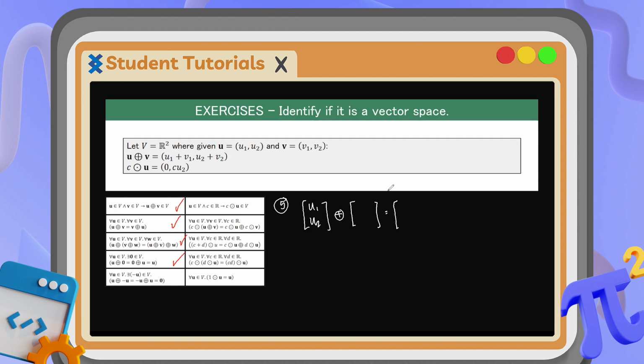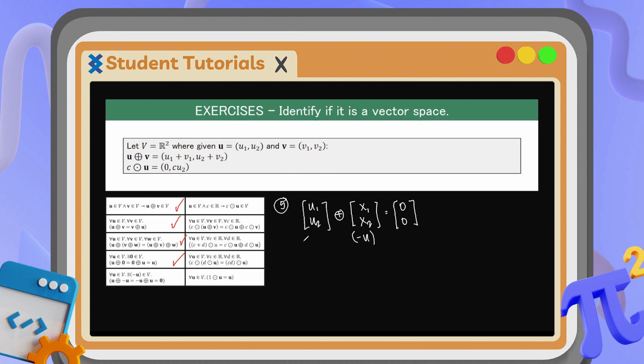And as mentioned a while ago, our 0 vector is said to be (0, 0). So for the negative u, let's define it to be (x sub 1, x sub 2). This is what we want to find out, if a negative u exists in the vector space.